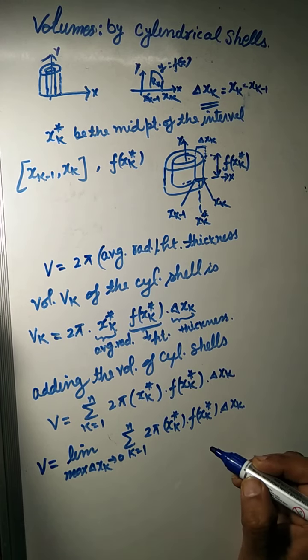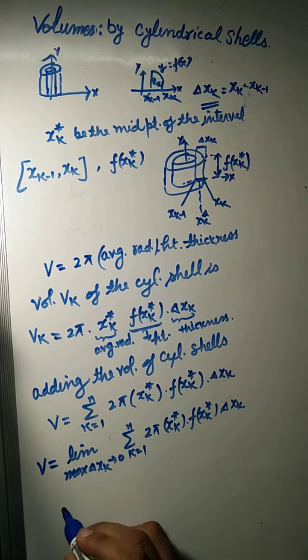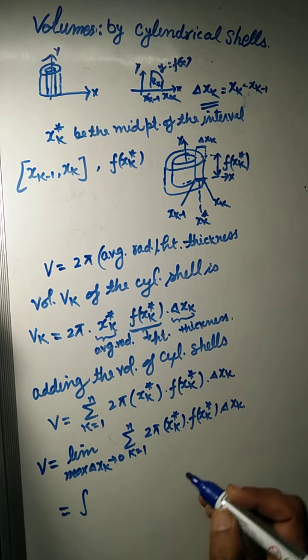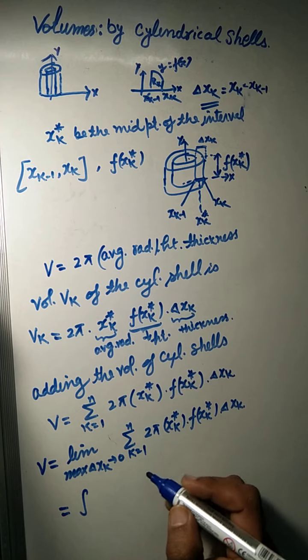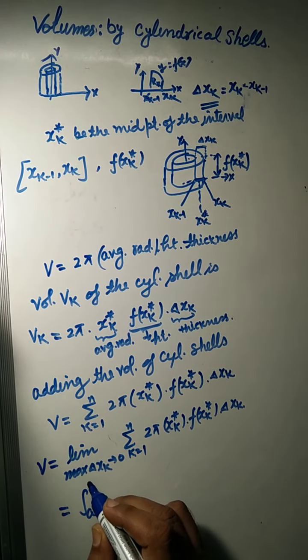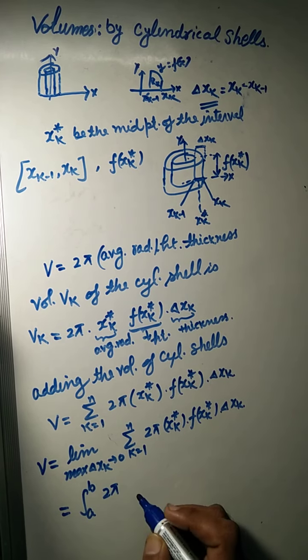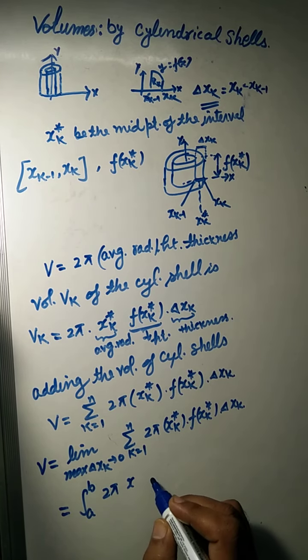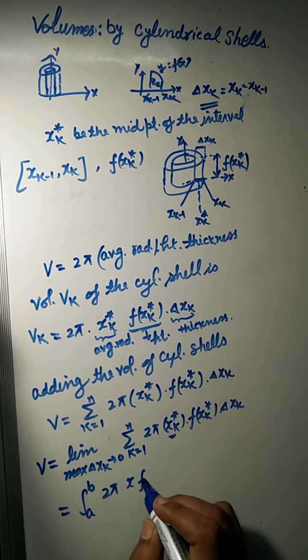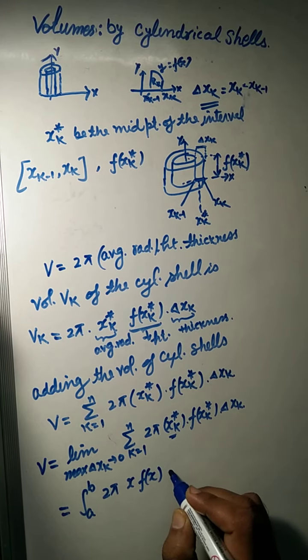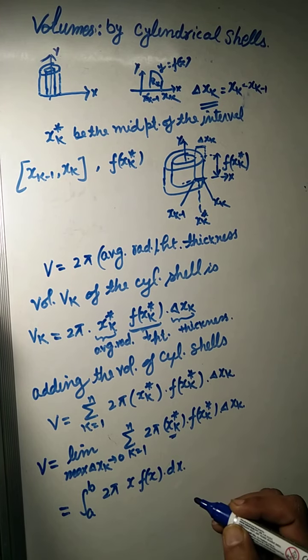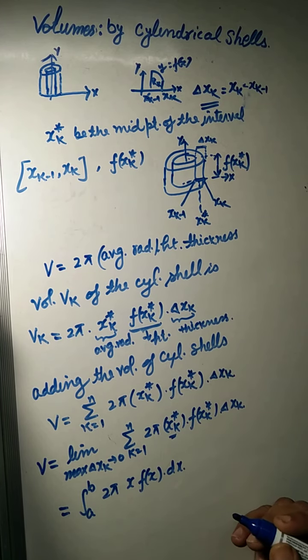So this summation converts to an integral, because we have divided into n thicknesses. So the integral from a to b gives us 2 pi x f(x) dx. This will be the volume of the cylindrical shell.